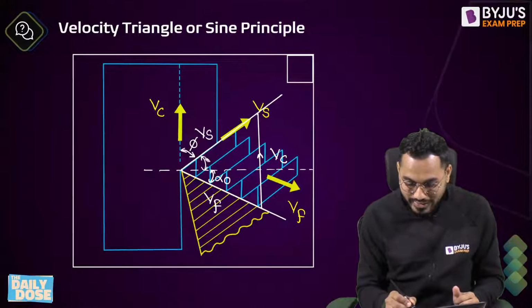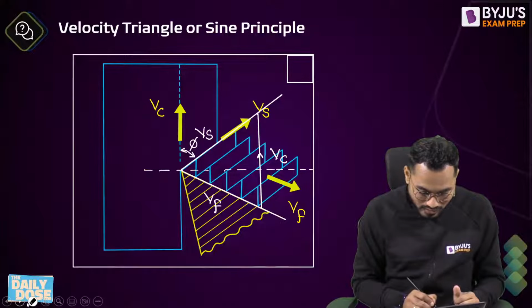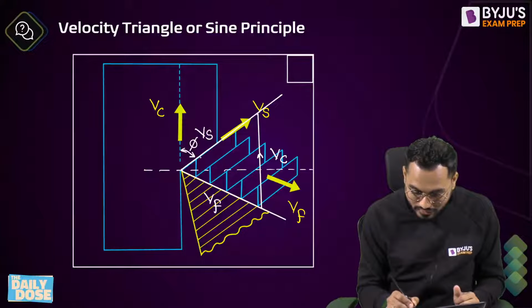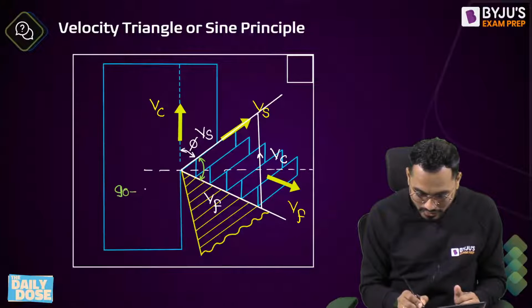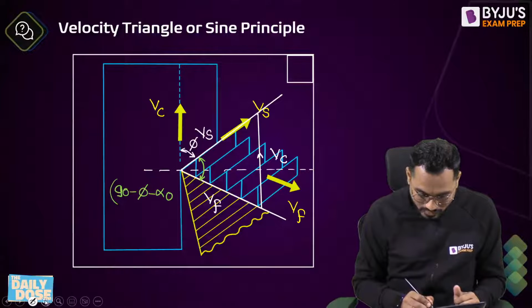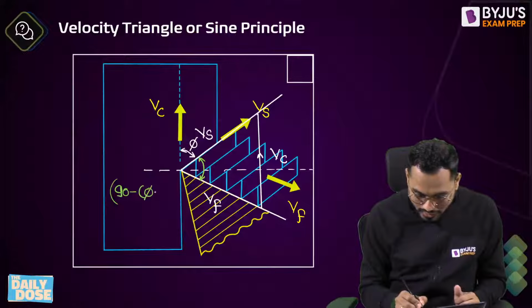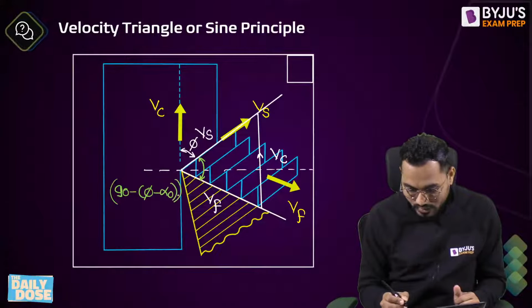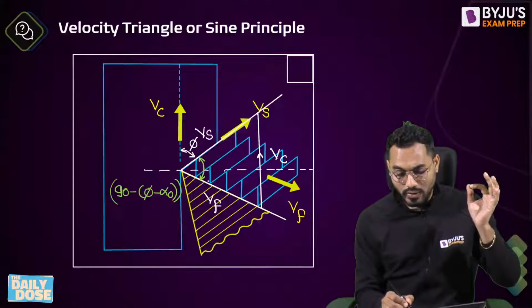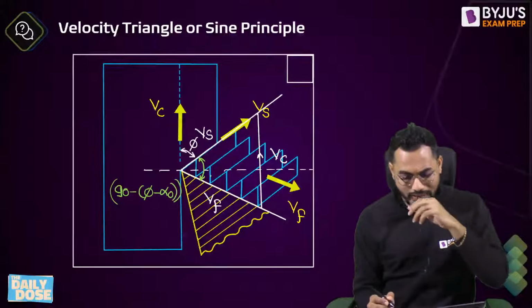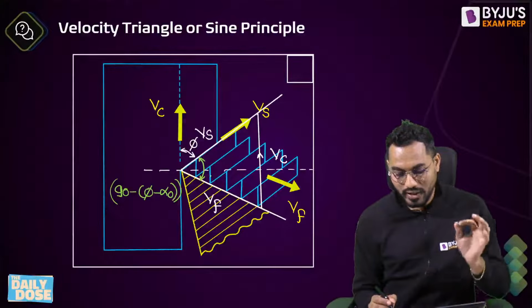Now, if this is 90 minus phi and this is alpha 0, can I say that this angle will become exactly equal to 90 minus phi minus alpha 0? I have to put this in brackets: 90 minus phi minus alpha 0. This is phi, this is 90 minus phi, so 90 minus phi plus this alpha 0 gives 90 minus phi minus alpha 0. Is it accepted, everybody?